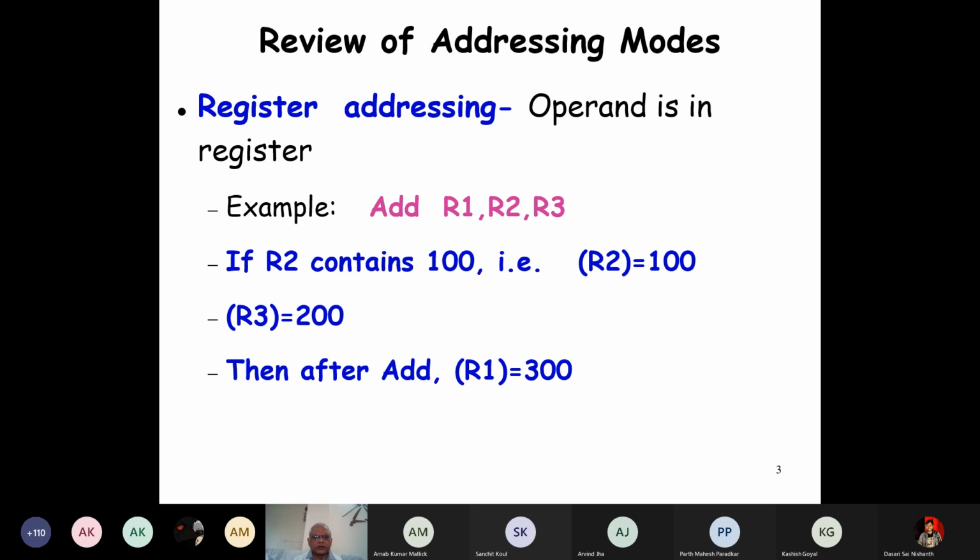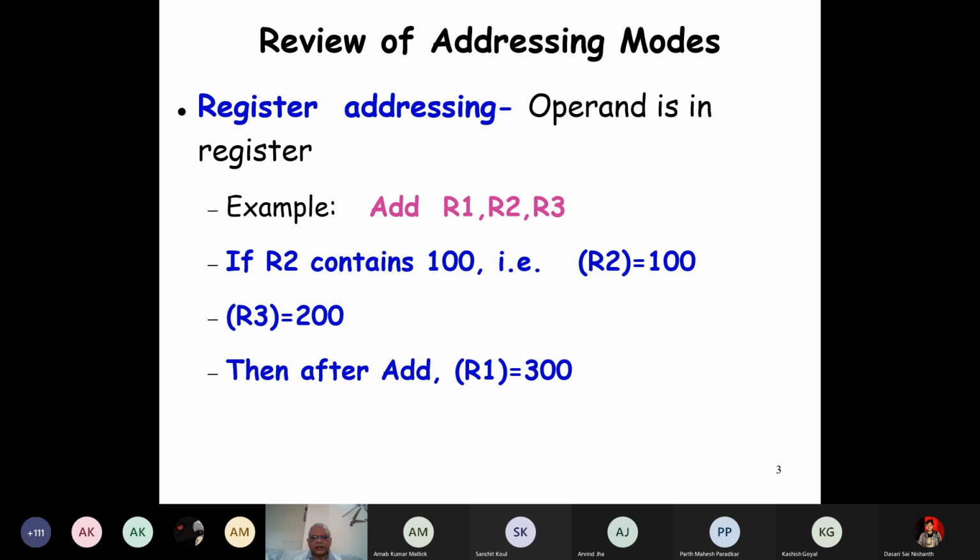Simplest mode of addressing, nothing too much to understand here, straightforward, but still giving an example. Let's say R2 contains 100 and we write, in the symbol, if we write bracket R2, it means the content of the register.